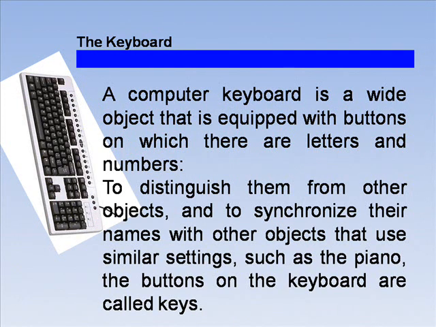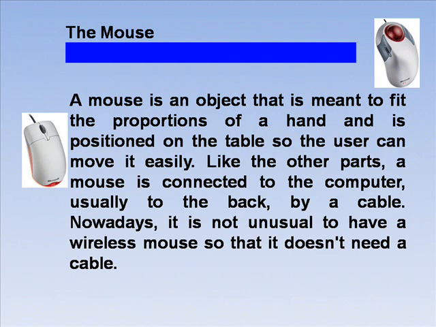Next is the keyboard. A computer keyboard is a wide object that is equipped with buttons on which there are letters and numbers. To distinguish them from other objects and to synchronize their names with other objects that use similar settings, such as the piano, the buttons on the keyboard are called keys. Then the mouse.